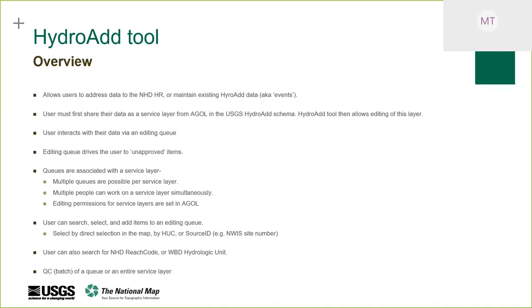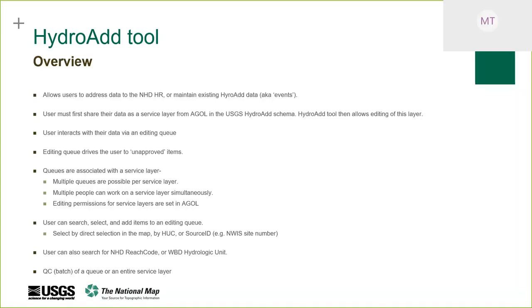You can even search for your data by source ID, for example, a National Water Information site number, an NWIS site number, or a stream gauge site number. Using the interface, you can also search for a reach code or for a WBD hydrologic unit. QC of a queue or an entire service layer is also planned for this tool.